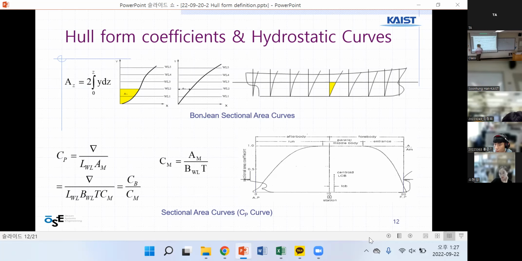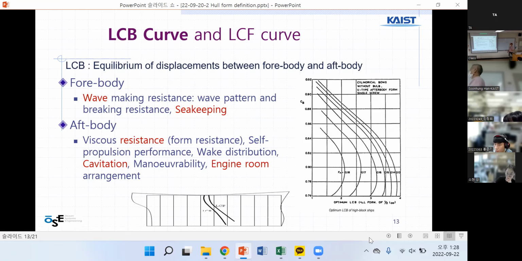So again, CP and CM, and CP is CB divided by CM. The same definition is already done. So I drew this myself to calculate the volume. It is not easy. It takes a long time and is error prone, right? For you guys, you can use computer software to do it and correct it.